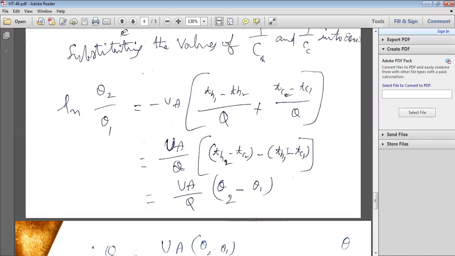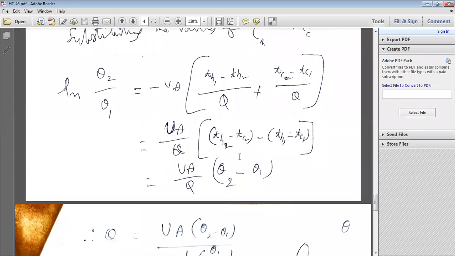Minus into TH1, that's minus TH1, minus of TH1 minus TC1, and minus into minus plus. Finally, UA by Q into what is TH2 minus TC2 here.